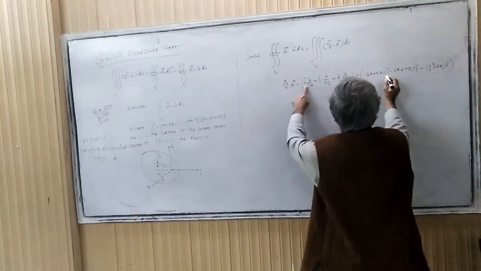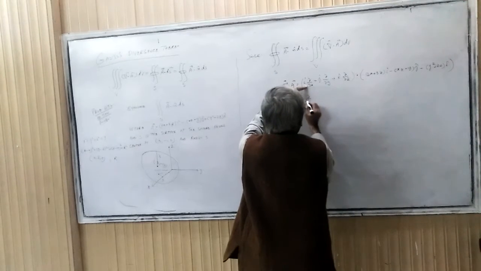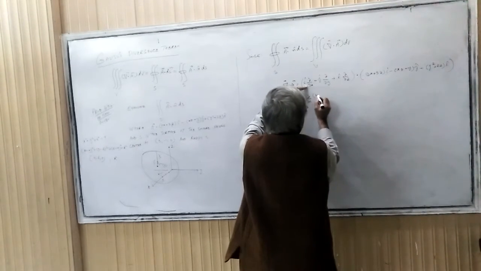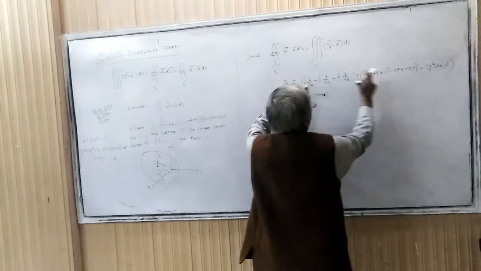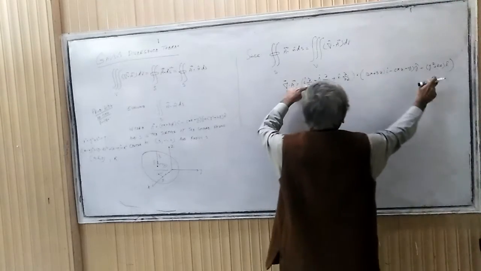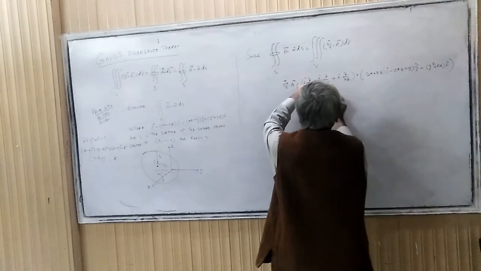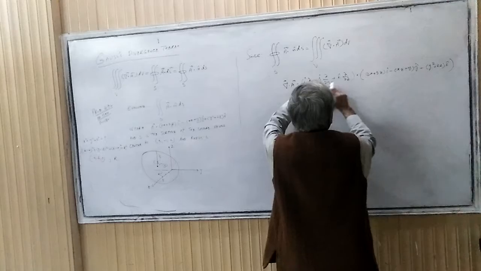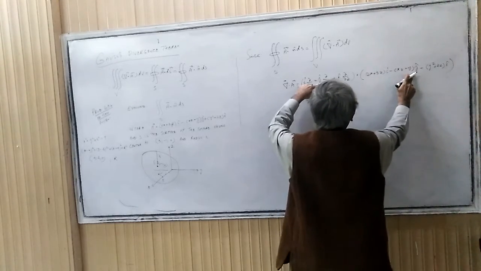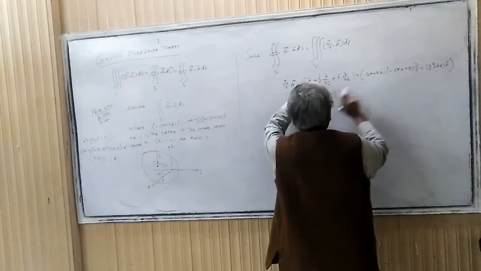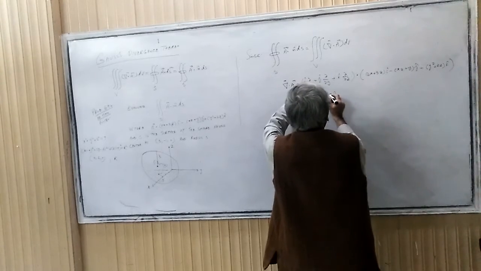I dot i is 1, so delta over delta x of (2x plus 3z), i dot j 0, i dot k 0, plus j delta over delta y, j dot i 0, j dot j is 1, so this is minus, so I'll put a minus sign there.